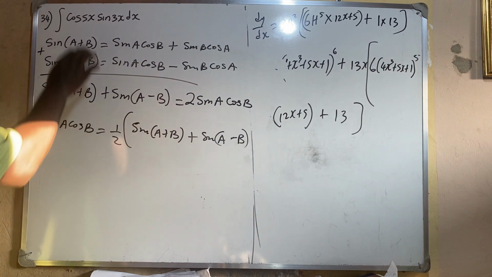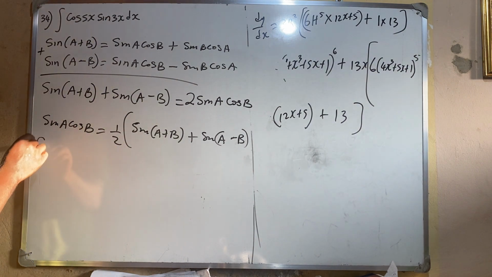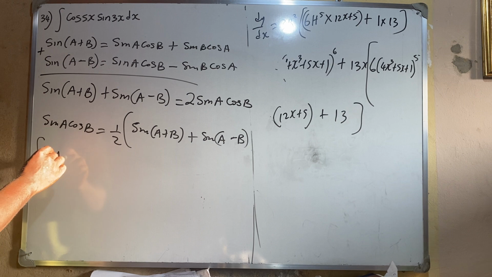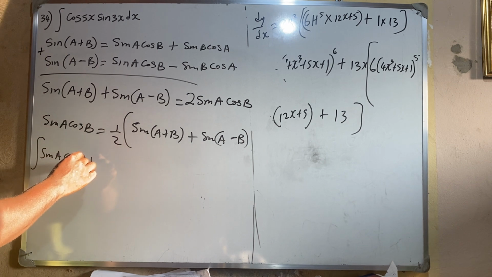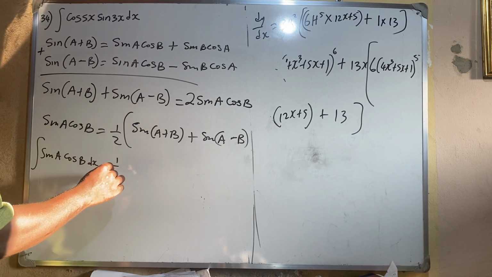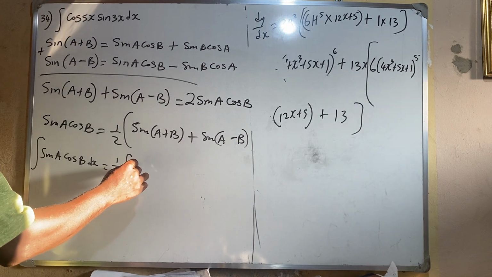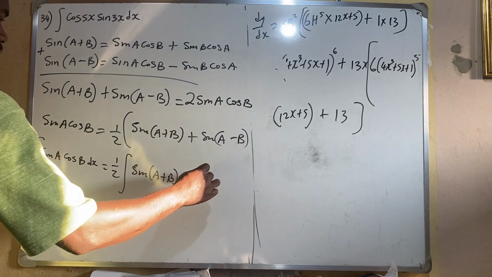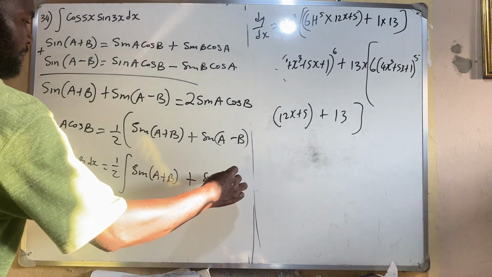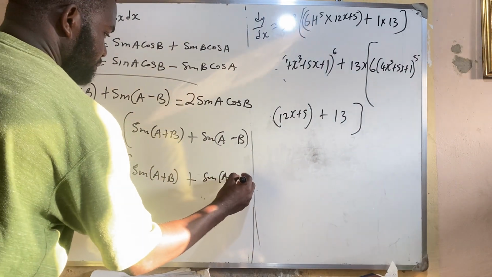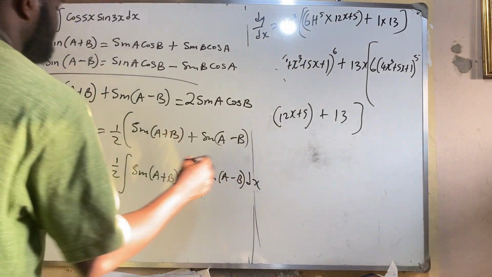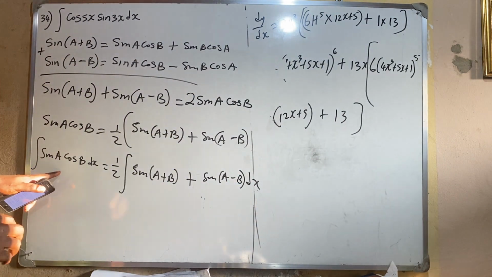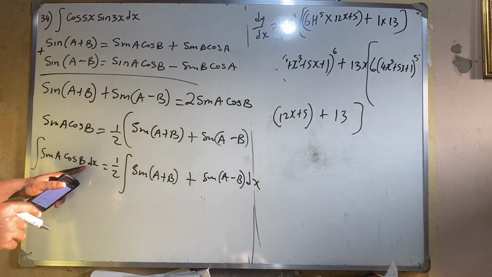So if you put integration, the integral of sin a cos b dx is equal to 1 over 2 the integral of sin a plus b plus sin a minus b dx. You will now see that your a is 3x and your b is 5x.